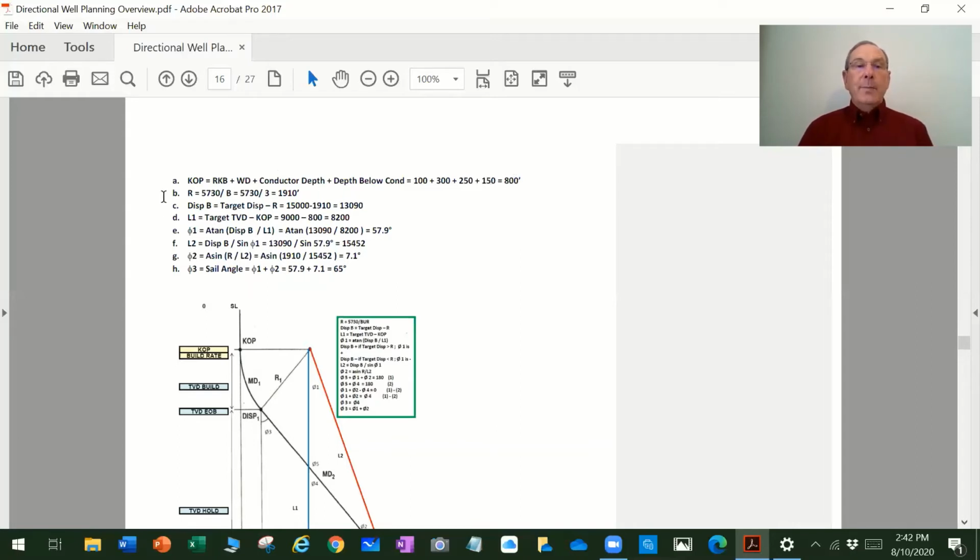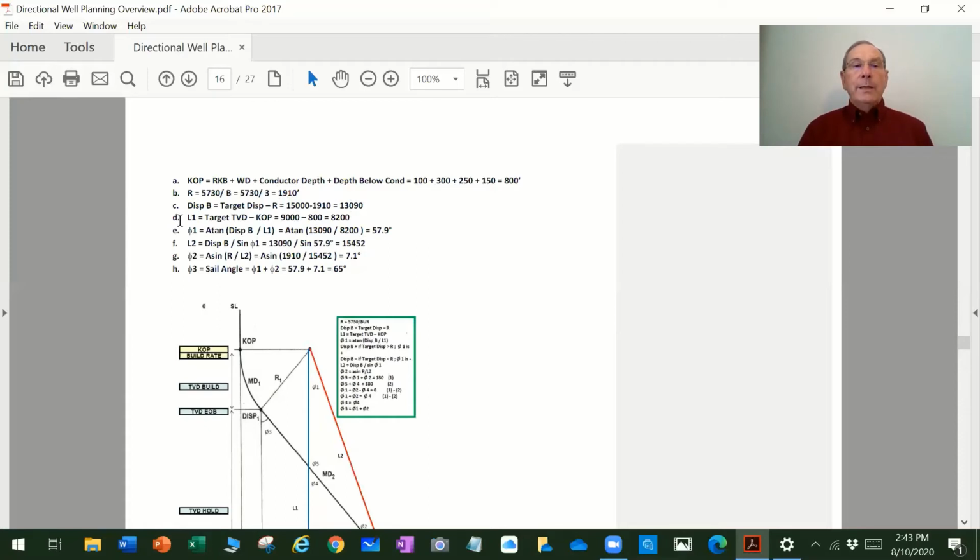And our first step is to calculate a radius. Our radius, based on our chosen build rate of 3 degrees, is going to be 1,910 feet. So our displacement B is going to be our total target displacement minus R. That's 15,000 feet minus 1,910, which is 13,090 feet.